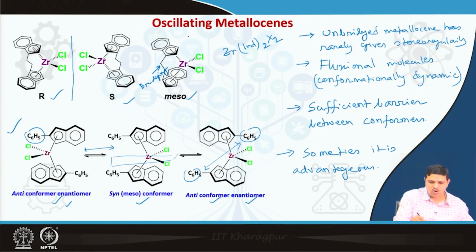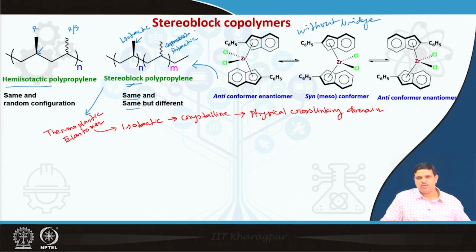This is also called the oscillating metallocene, because it oscillates between the rac conformer, then the meso conformer, and the other rac conformer. Suppose I am doing the polymerization with this catalyst, and it exists in solution in three conformers, and I am using the monomer propylene.